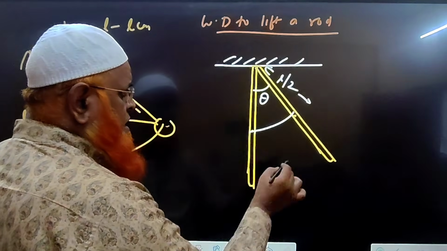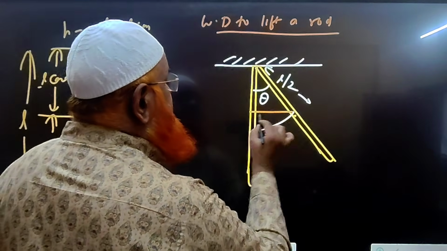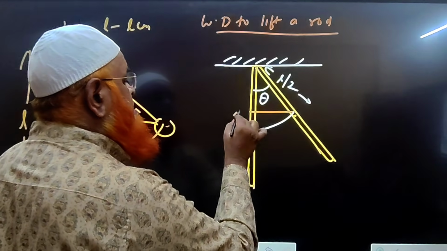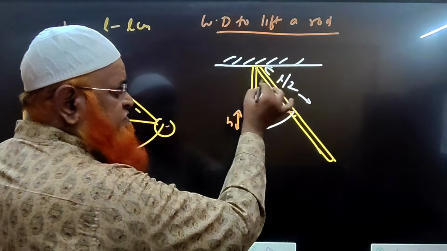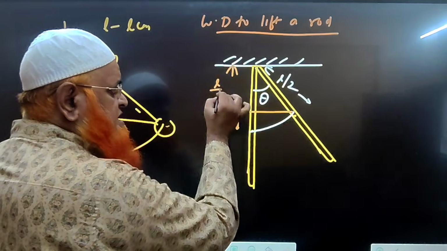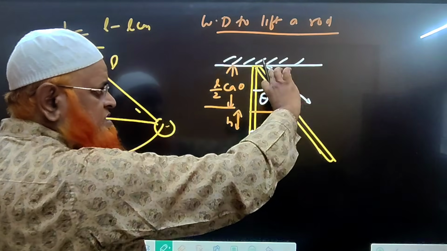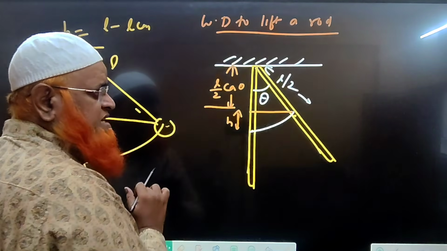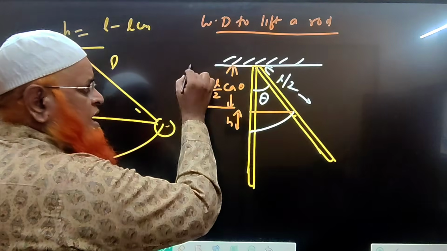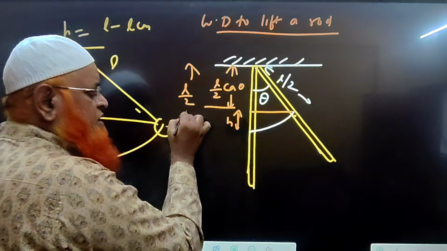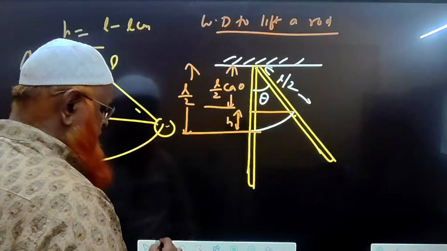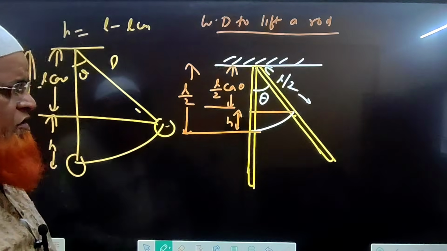Now, what is the total height? If this is L by 2, what is this? L by 2 cos theta. You have to find out H, and from here to here, this is L by 2. Understood all of you?